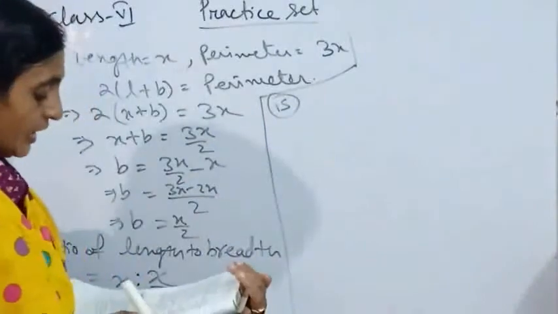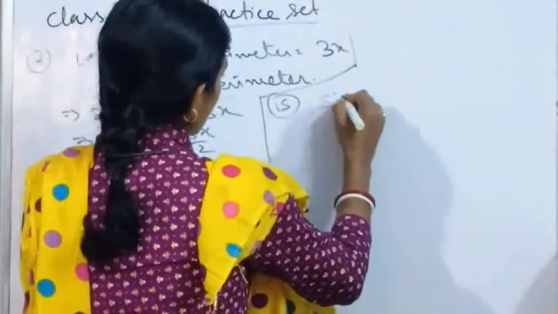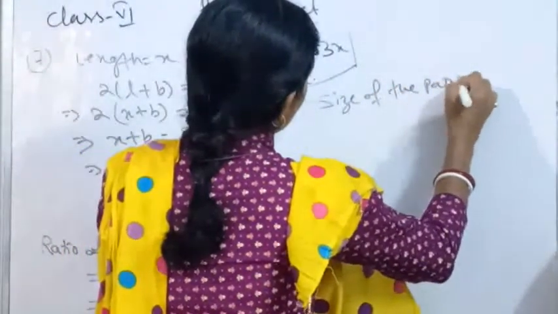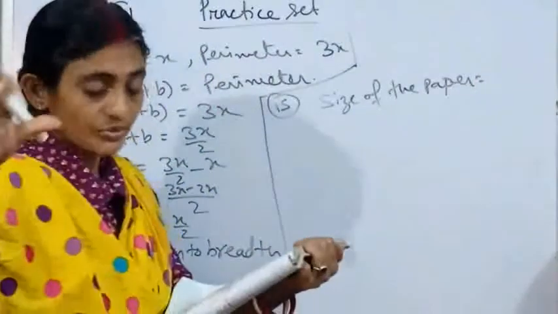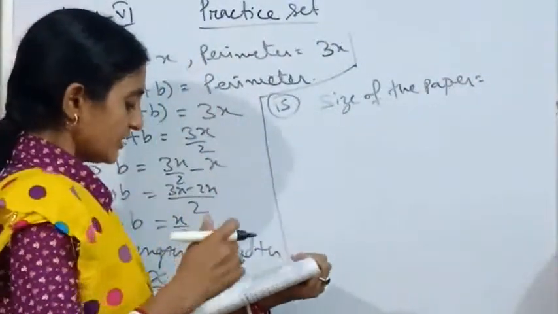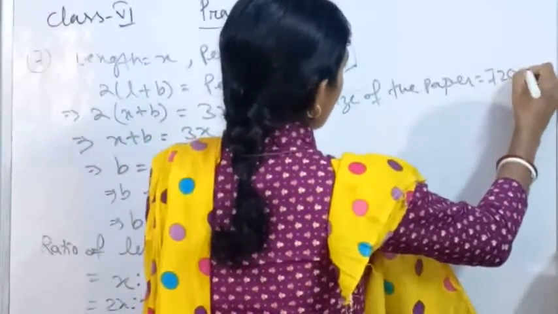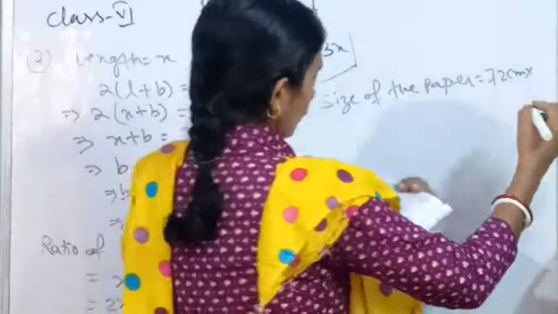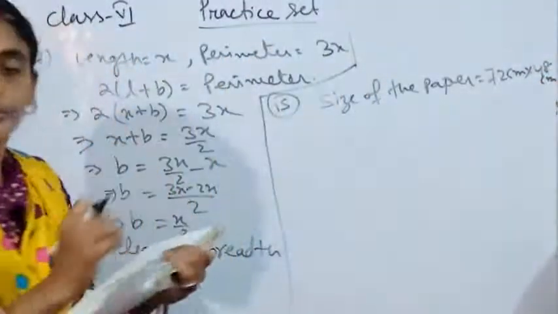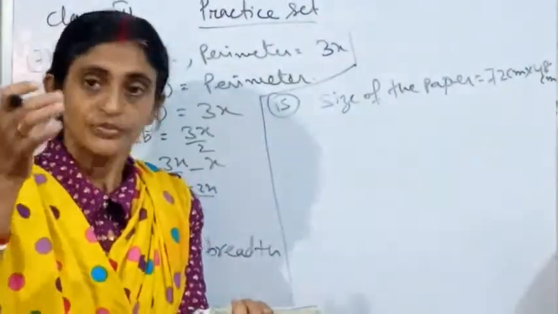Let it be the size of the paper. What has been given? The size of the paper, that means the big paper from which we are going to prepare these envelopes, is given as 72 centimeter into 48 centimeter. Okay, this is the size of the paper from which we are going to prepare some envelopes.